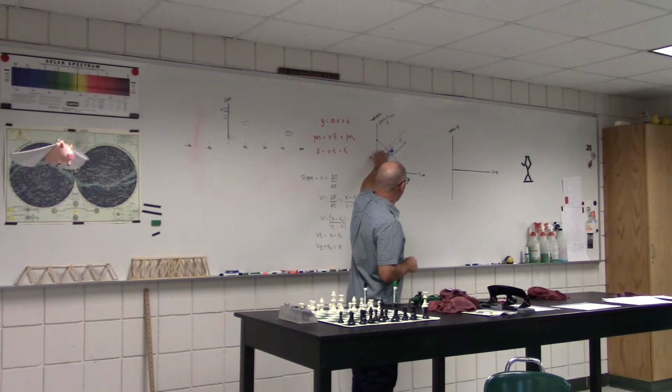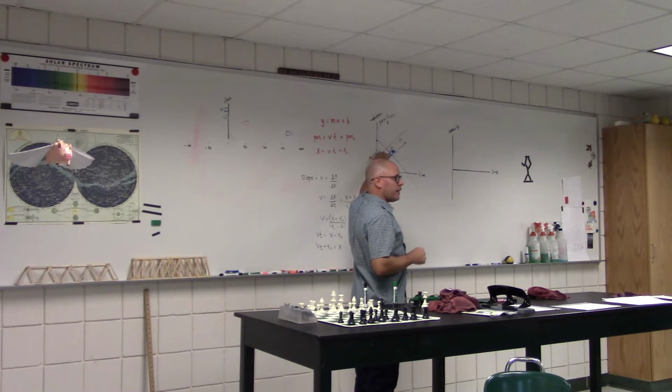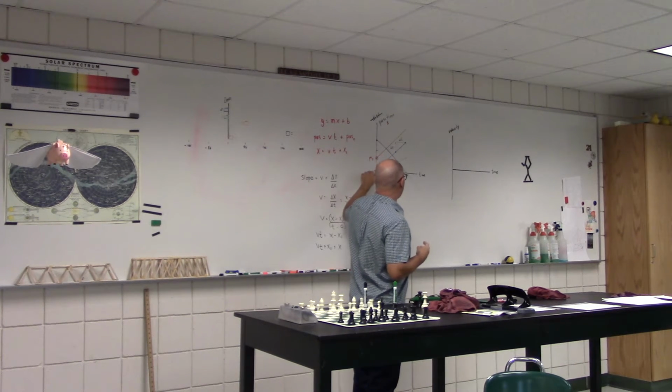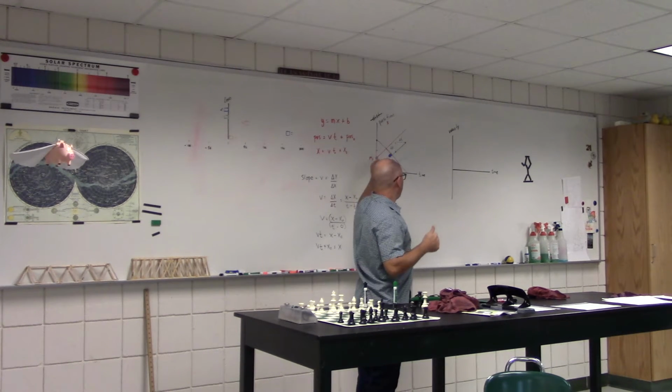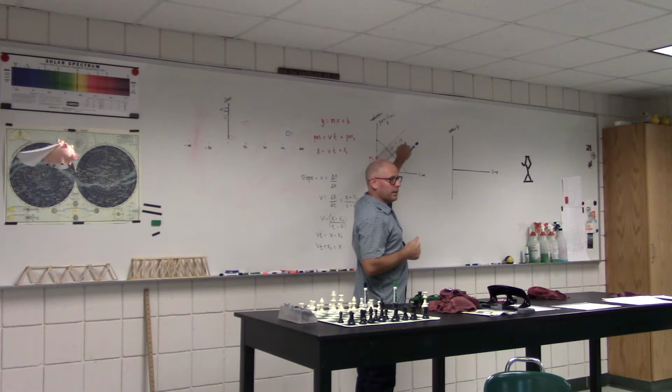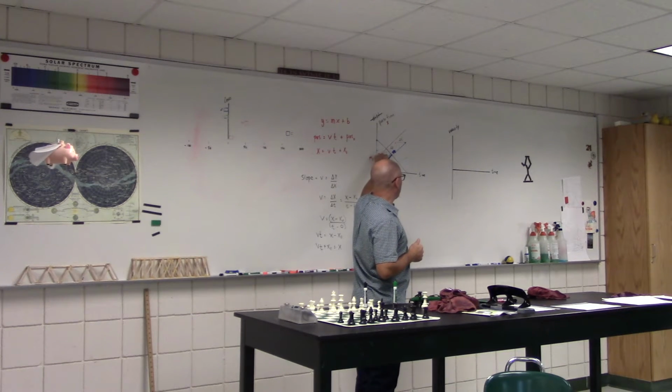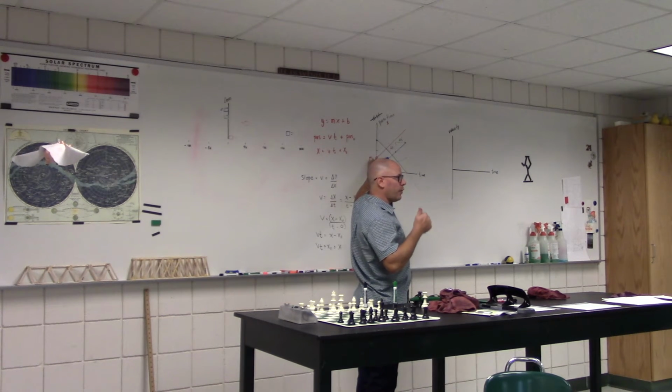Tell me about the slope of the blue line. Tell me two things about the slope of the blue line. The slope, not the value, the slope. Remember, slope is the steepness. Yes? The slope is constant. The value is increasing, but the slope is constant. If I run this along here, does it ever get steeper? So the slope is constant.